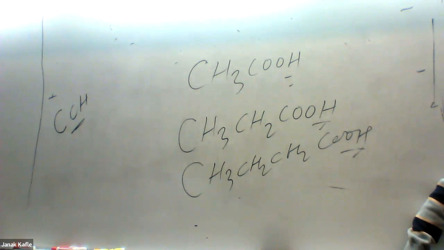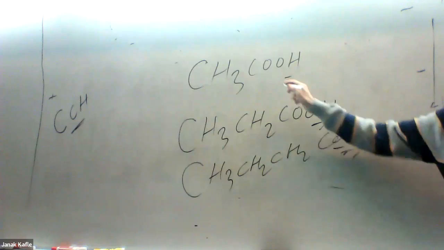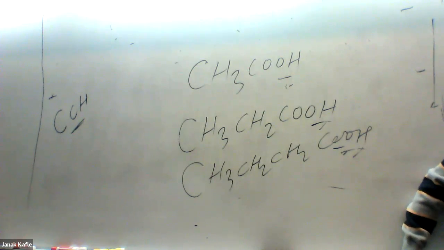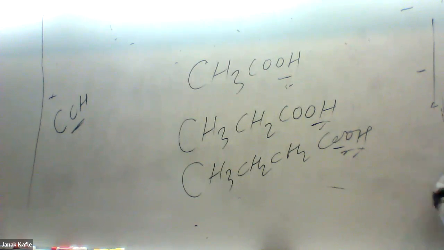Out of 100 particles of this material, only one particle breaks, and that conducts electricity a little bit. Yeah. If there is a COOH, these are the organic acids, and they conduct electricity, and they are called electrolytes. Yeah, but it's a weak electrolyte. They conduct electricity a tiny bit, and the bulb gives a dim light.